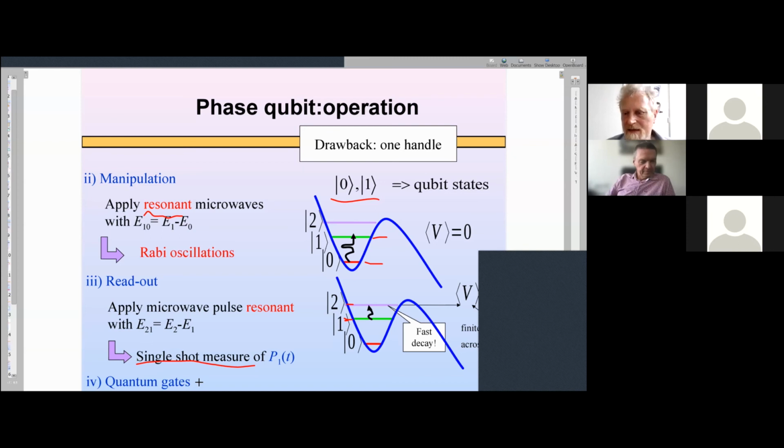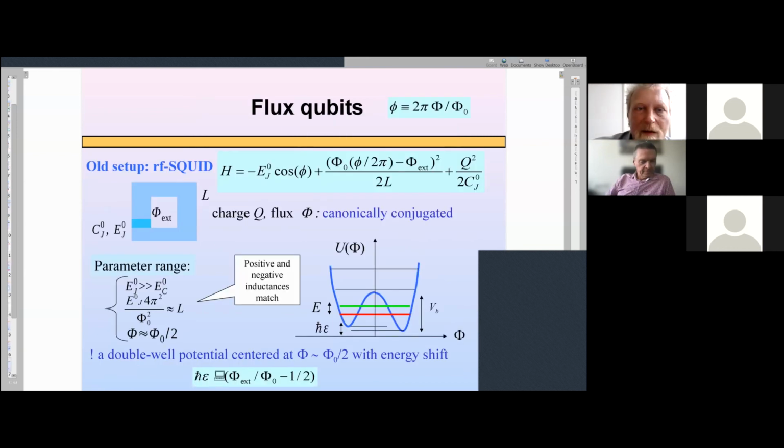That's why another qubit design has been invented, which again got a name tag, the so-called flux qubit. And the idea was as follows. The usual Josephson potential has a single minimum.